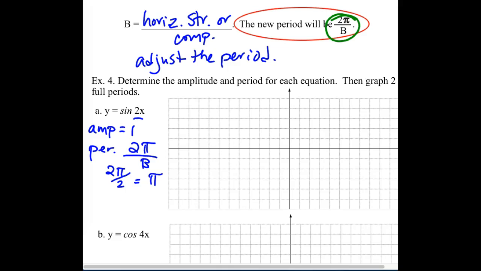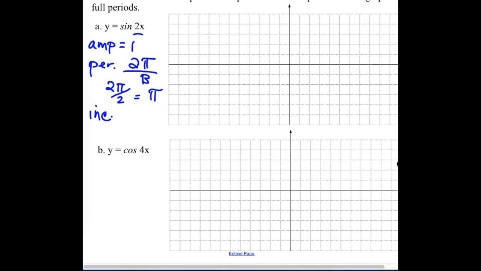The increments that we are going to use, remember we always take the period and we divide it into how many equal chunks. So my increments are going to be pi divided into 4 chunks, so pi over 4s. All right, so my tick marks, 1, 2, 3, 4. I need 4 equal chunks.